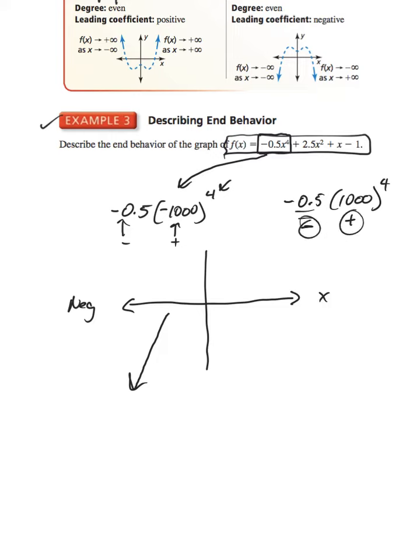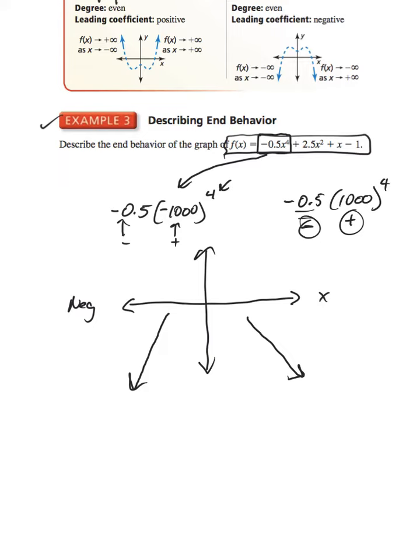Negative times a positive means that the y values are becoming increasingly more negative. So as we move to the right, the y values will be going in the negative direction. So that's going to be down and to the right. So the end behavior for this example 3 is going to be down to the left and down to the right.